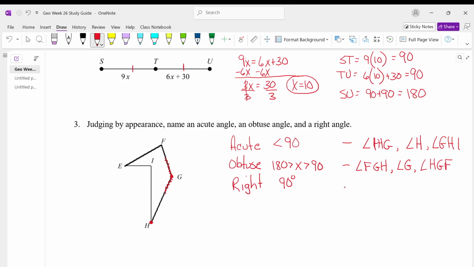All right, and it looks like there's one right angle in this picture. Looks like this angle's 90 degrees to me. So what's one name for that angle?